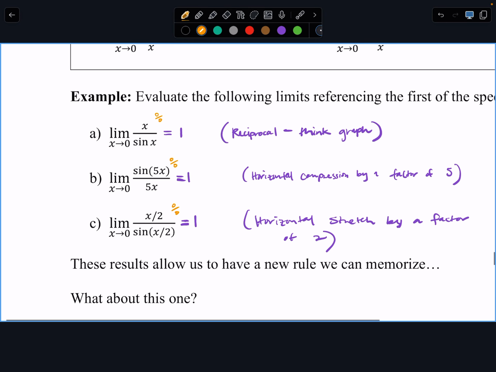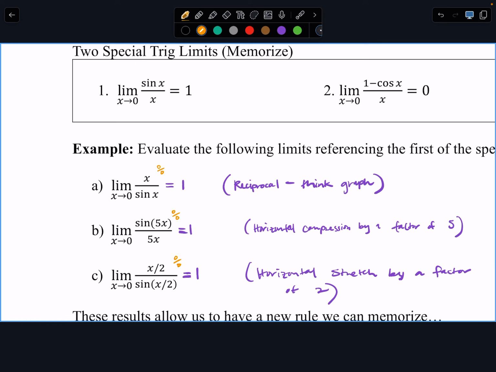So looking at the results of these limits, and then this given limit that you have to memorize, can we come up with a more general rule that we can reference using this special trig limit? Looking at what each of these limits ended up being? Sine of nx over nx would equal 1.